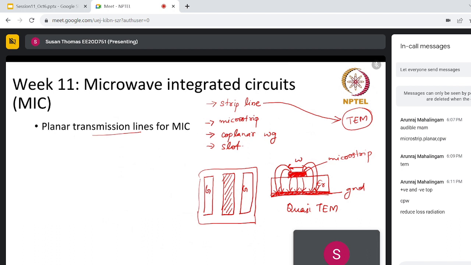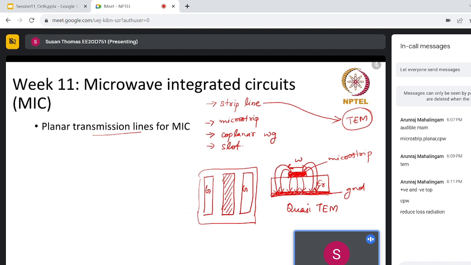For microstrip line, the bottom is ground and the top is the strip line, positive. For CPW, both positive and ground are on top of the dielectric, which means we reduce the losses from radiation. Okay, so that is one of the advantages.